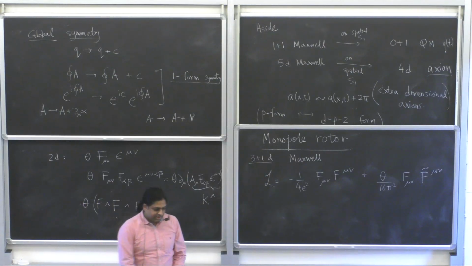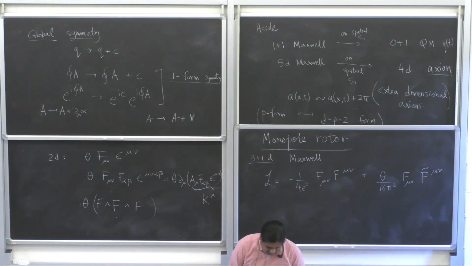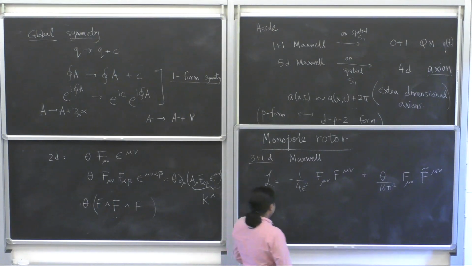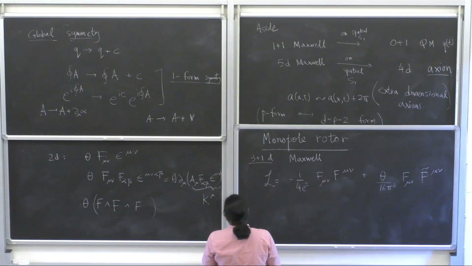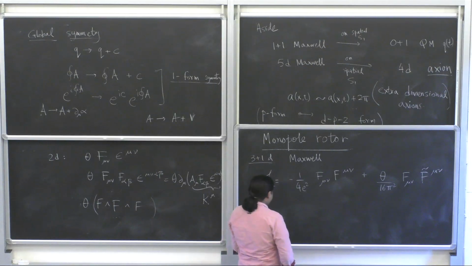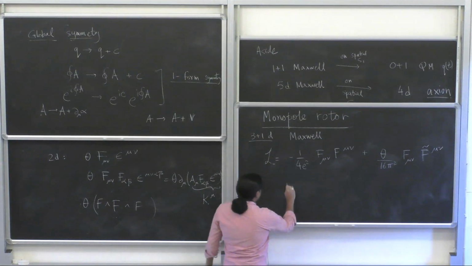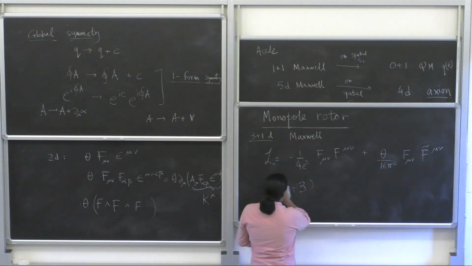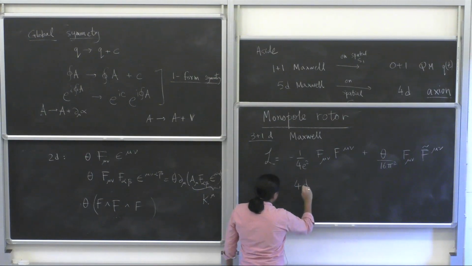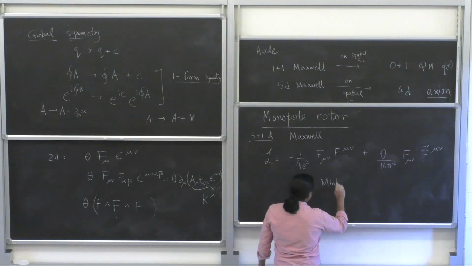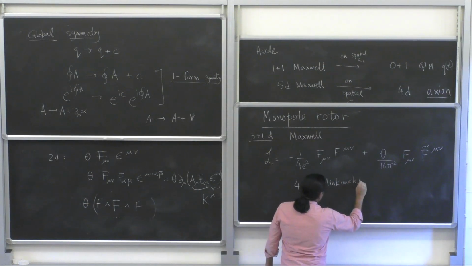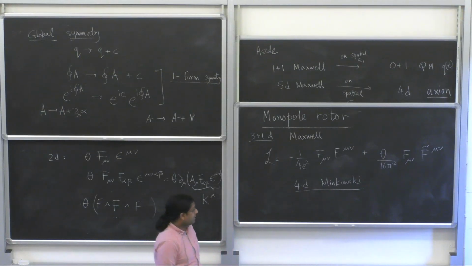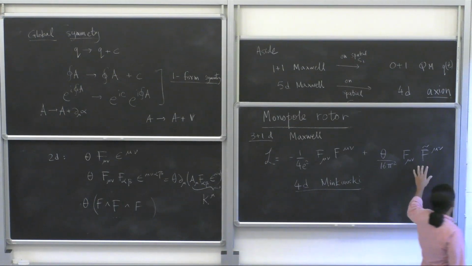So now we can actually write down a theta term in 4 dimensions, and we're going to see that this has a similar behavior to the things we just talked about. If we think of this theory in 4D Minkowski space, there are no non-trivial topological configurations.